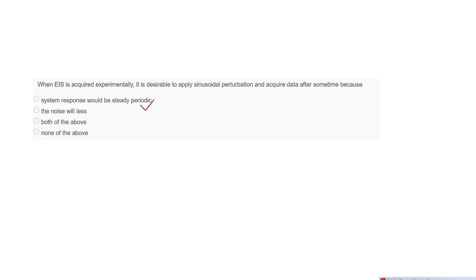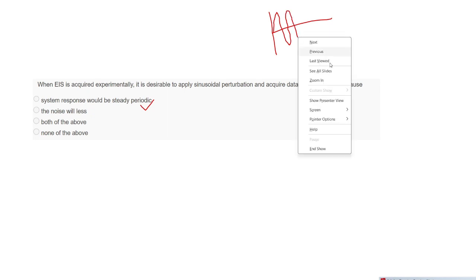Yeah, so basically it takes some time for the system to give a periodic response. Till then there can be some disturbances, or it might not be periodic, it can be something like this.